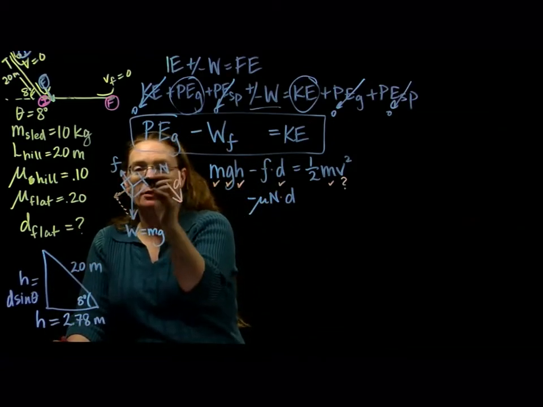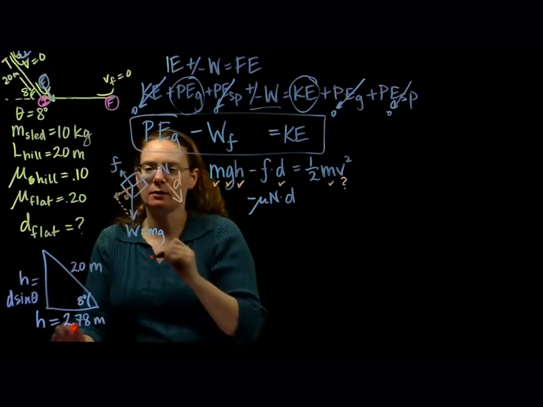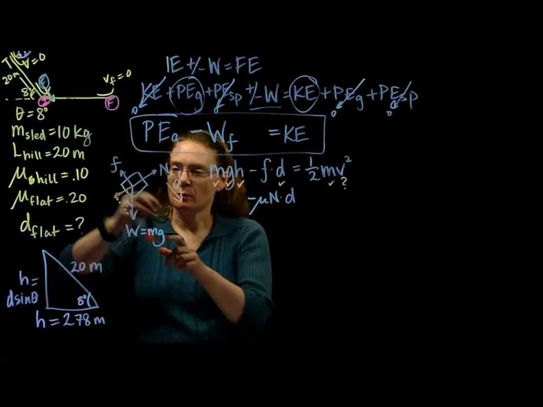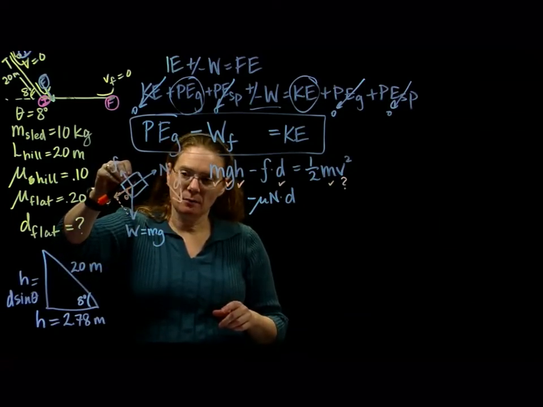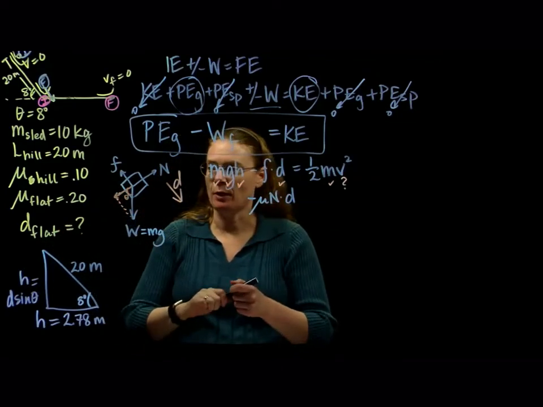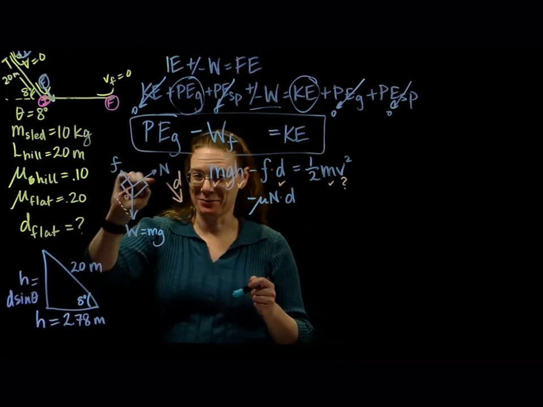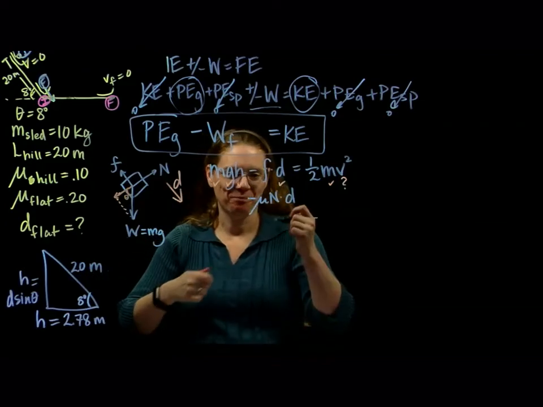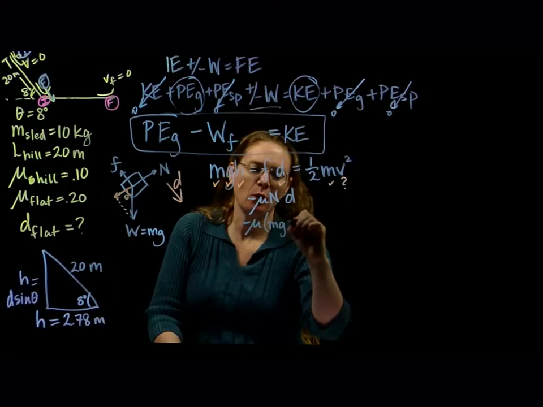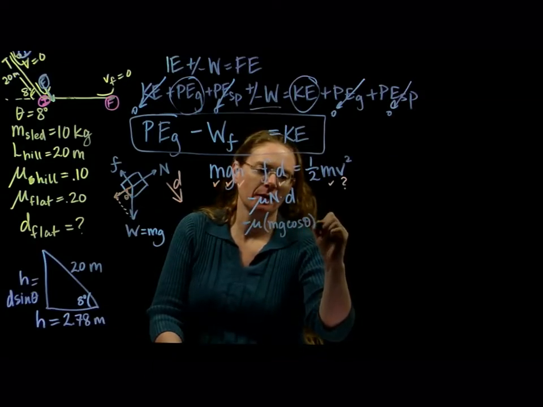Remember, if we draw our triangle dropping down from normal, this is the same as the angle of the slope of the hill. So this piece right here, adjacent to the angle, my normal force has to be exactly equal to this, which is my cosine component of the weight. So normal is my weight cosine theta times d.